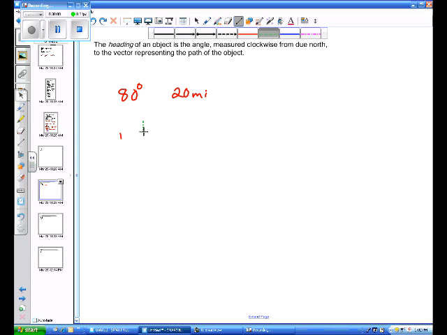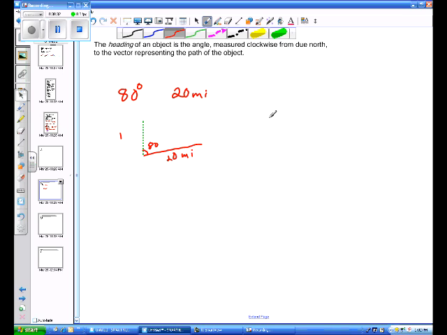So we've got our north-south line from north. Now what our heading does is it starts at north and we go clockwise. We wouldn't be quite 90 degrees. So we have 80 degrees, and the length of our line represents the magnitude of our vector. So we've got 20 miles.